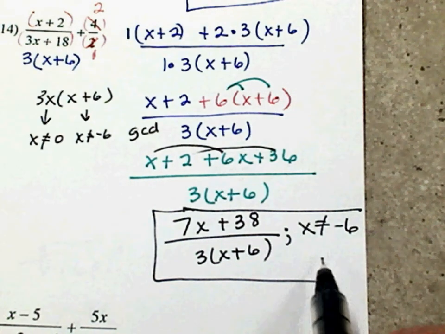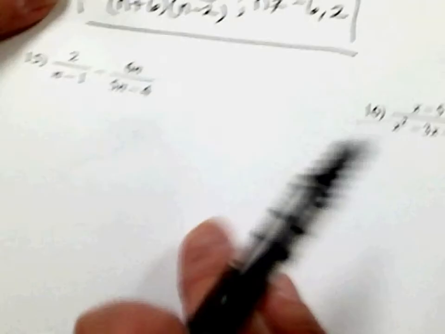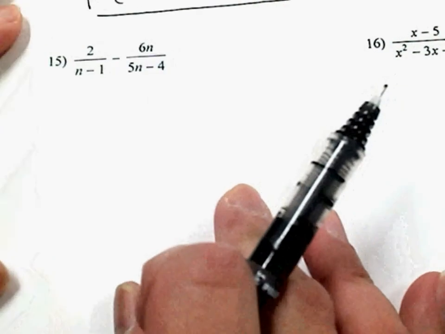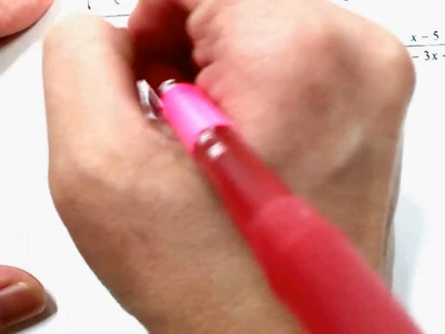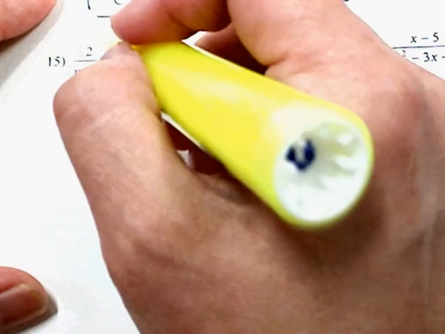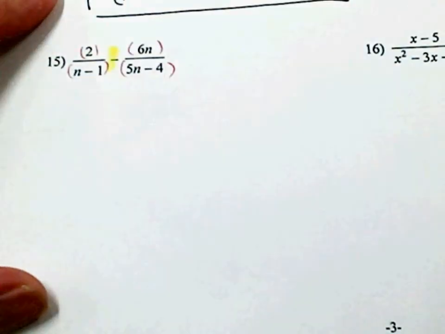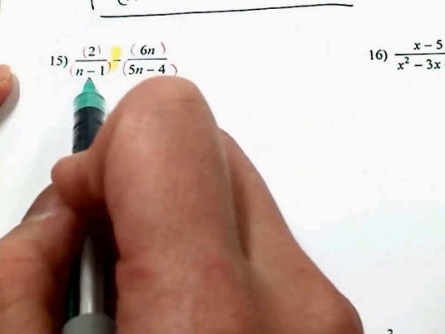All right. Number 15. Okay, here we go. 15, parentheses, parentheses, parentheses, parentheses. What symbol is between the two? Minus. All righty. Can I simplify n minus 1? 6n? 5n minus 4?